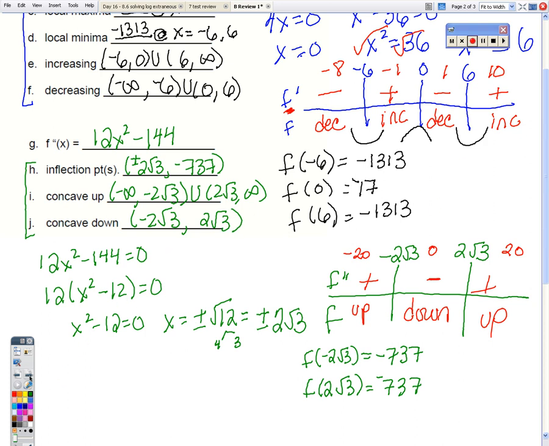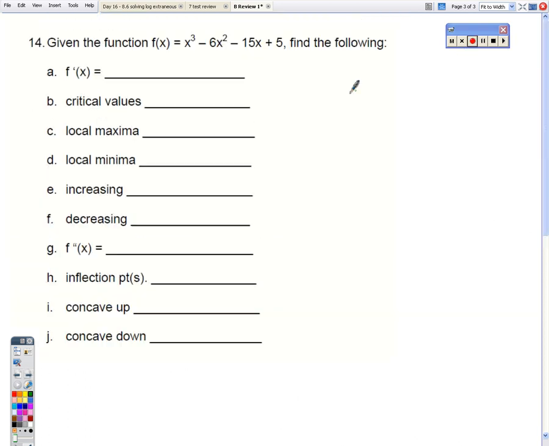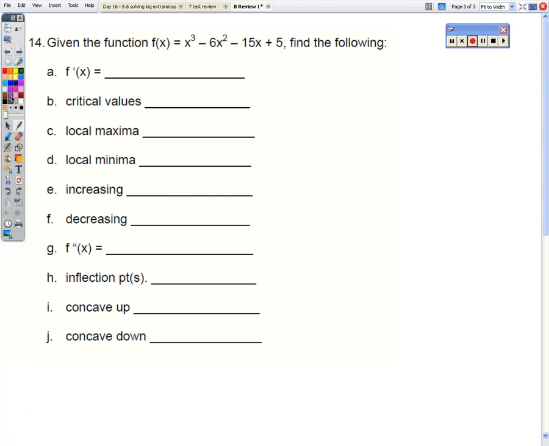Okay, so we're going to repeat that whole process for the next problem. So let's find the first derivative. We have to set it equal to 0. And I notice all of these terms can be divided by 3.